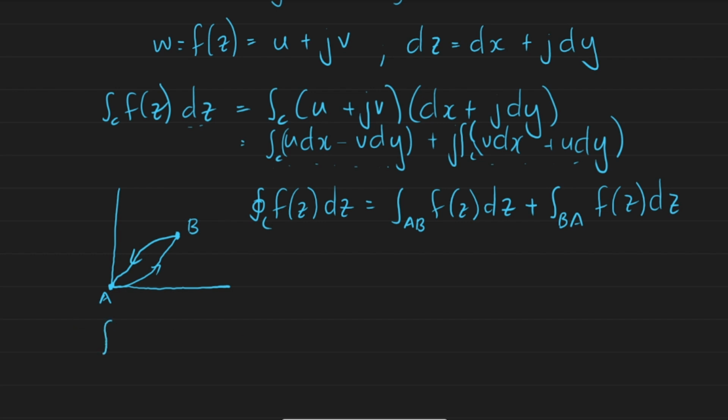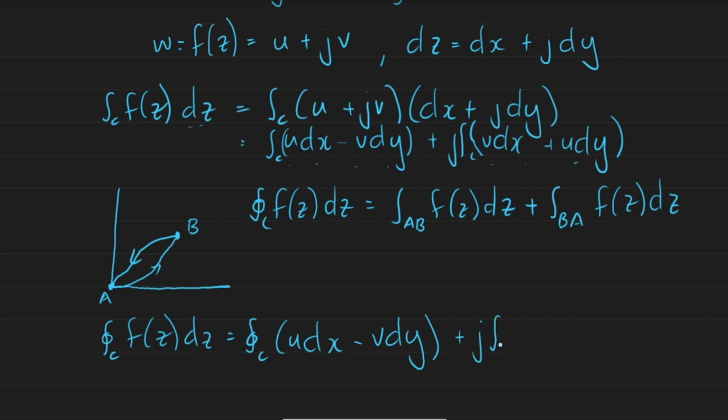So this line integral of f(z) dz is equal to the line integral of the real part u dx minus v dy, plus j times the circulation integral of v dx plus u dy.